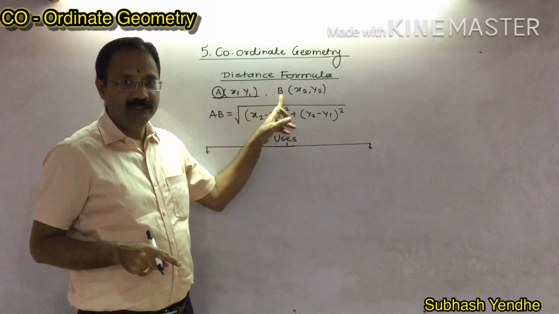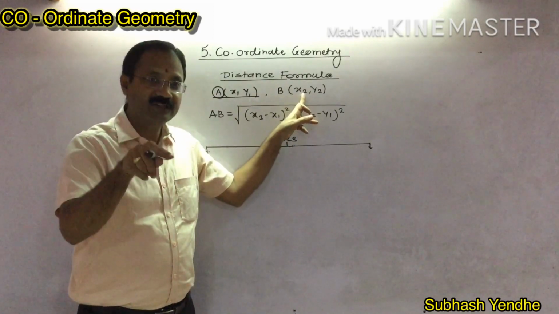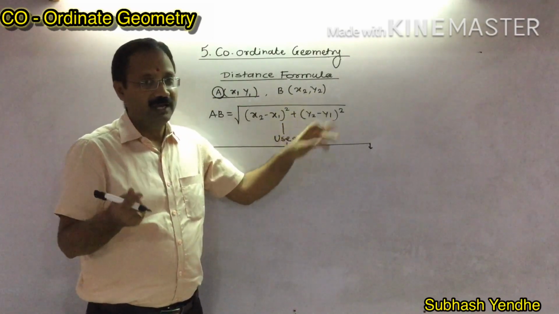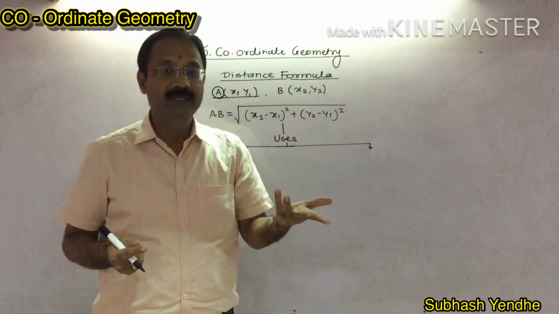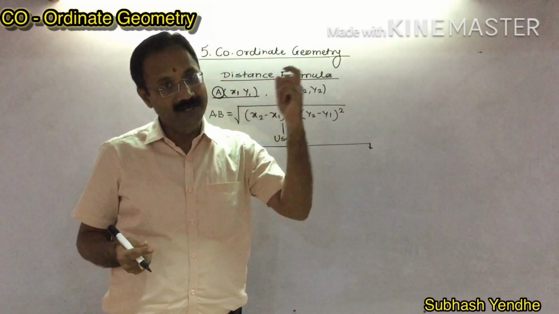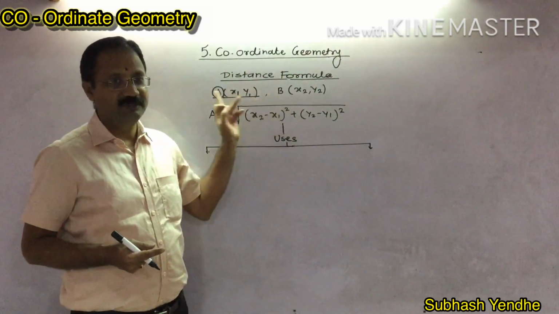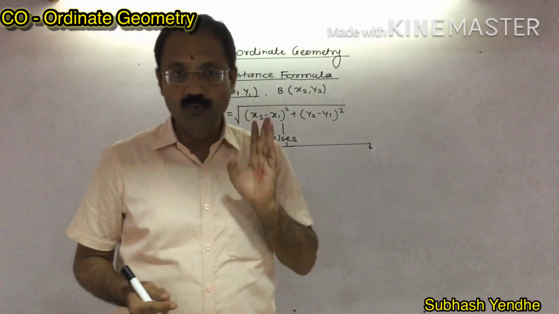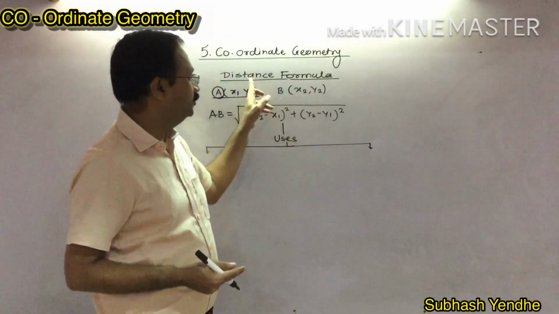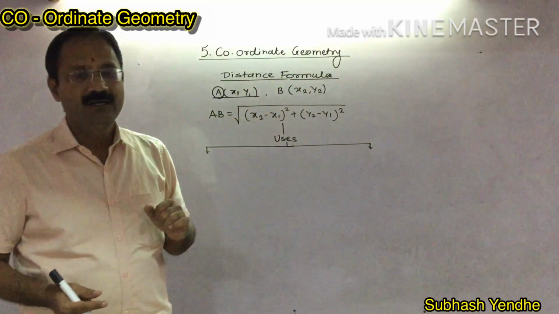So if you want to write the coordinates of the second point, then B's coordinates are x2 and y2. And if you want to write the coordinates of C, then what will it be? It will be x3 and y3. But here we have to find out the distance between these 2 points. And to find the distance between the 2 points, we are going to use the distance formula. So what is the distance formula?